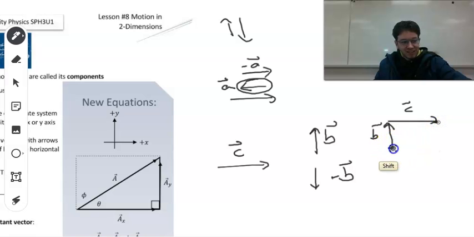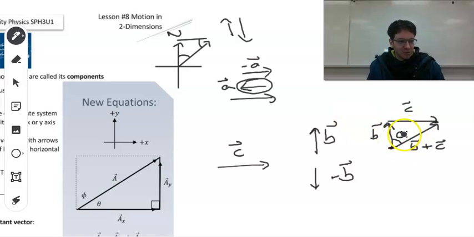So if we connect our starting points with our ending points like this, that would be vector B plus C. And you would have to solve the triangle, right? You would have to figure out what this angle is, so you know what direction the vector is. And you'd have to figure out the length of that vector, so you know the magnitude of that vector.